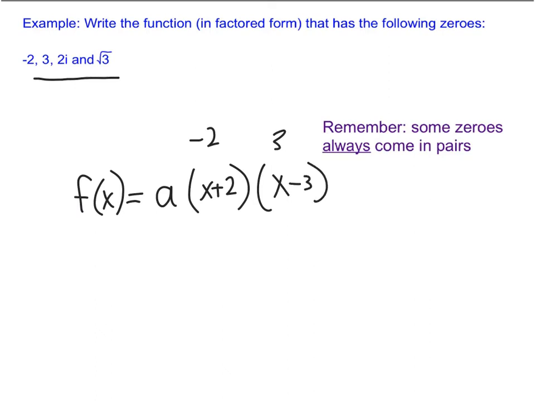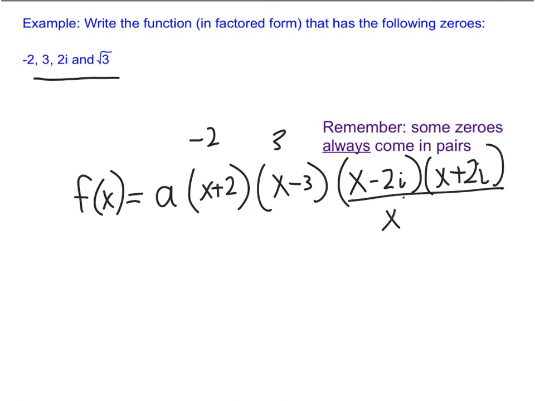This is 2i. Well, remember, if I were writing it like this, I could write it x minus 2i and x plus 2i, unless I remember that this is just x squared plus 4. So I could write either for that one.